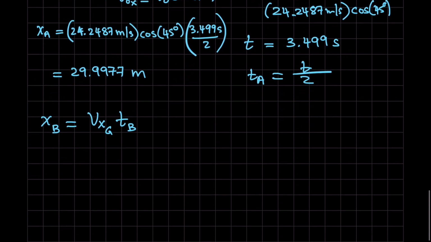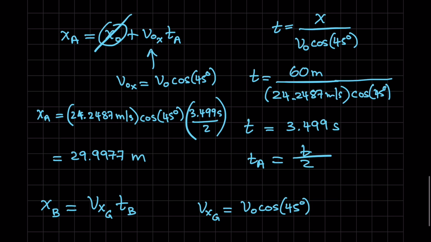And let's do the velocity first. When you're trying to find velocity in the x direction after the gust of wind, well, before the gust of wind came along, the horizontal velocity was v naught cosine of 45 degrees, right? So that's what we had earlier, right? That's the horizontal velocity without any acceleration.